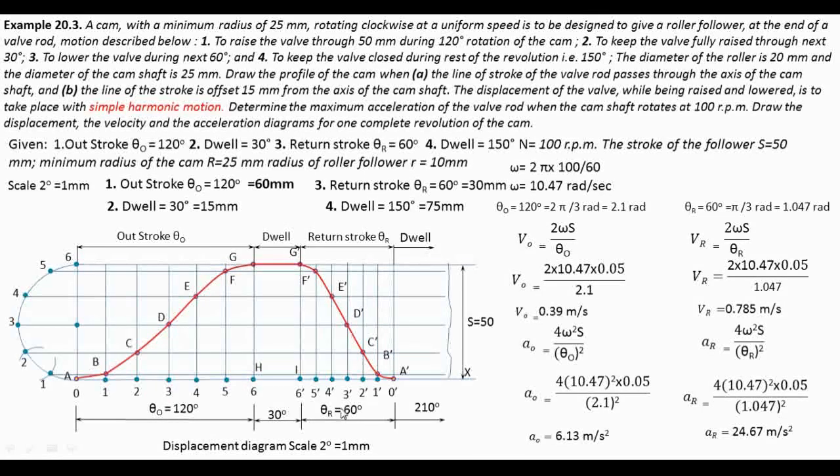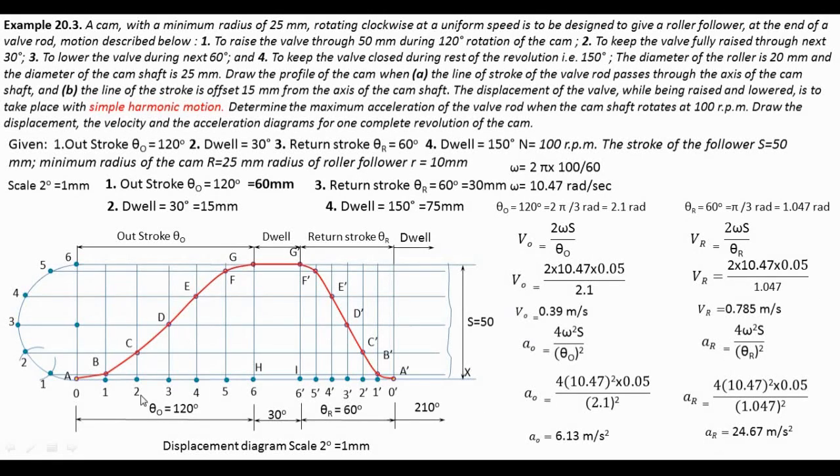But during the return stroke, the displacement angle is very small. A 60 degree angle of rotation is given to the cam, so the displacement of the follower is very fast. So the velocity and acceleration of the return stroke are more than those of the outward stroke. Once again we are going to use these same values to draw the velocity and acceleration diagram.